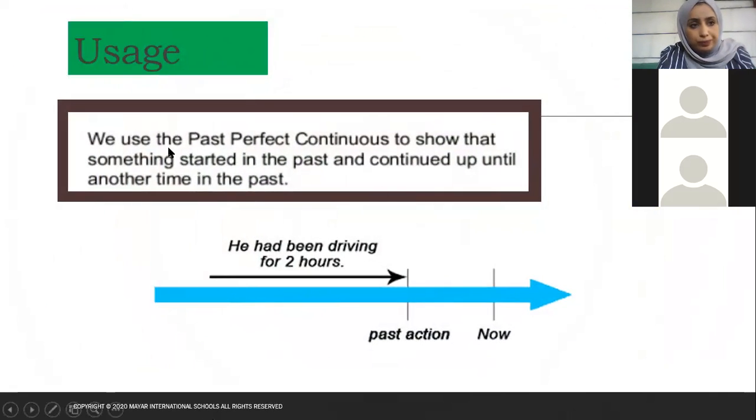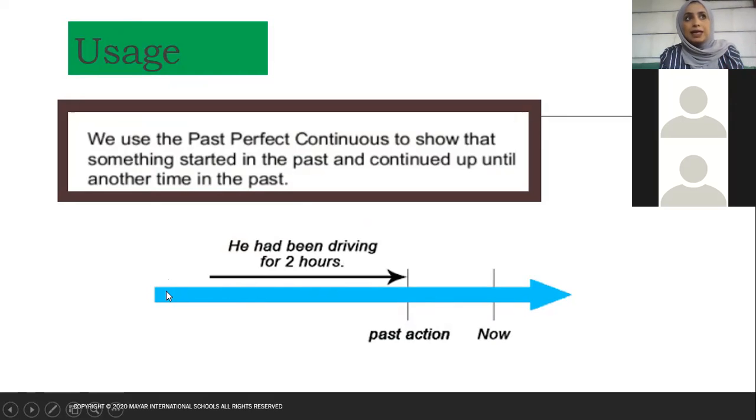Now the usage. When do we use this tense? We use the past perfect continuous to show that something started in the past and continued till another time in the past. So again, when I say he had been driving for 2 hours and I use a continuous form, I am referring back to a period of time only in the past.